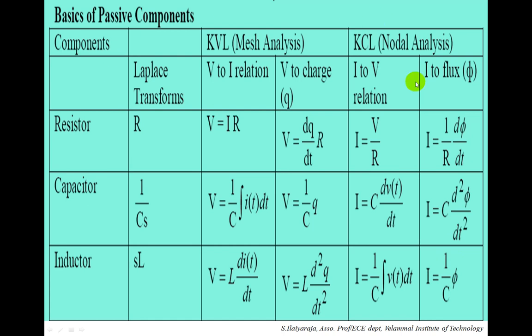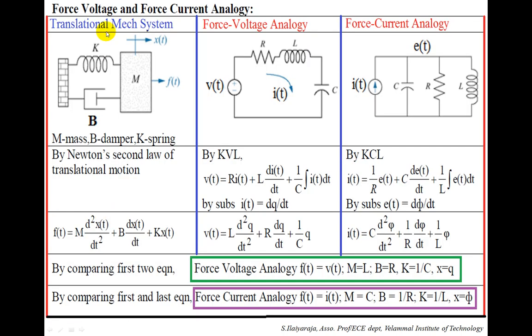So these basics you have to remember so that we can compare the translational and rotational mechanical systems with basic electric circuits. Next we are going to see the force voltage and force current analogy. You have a translational mechanical system. This mechanical system is equivalently converted into a series RLC circuit, or a parallel RLC circuit, which are called the force voltage analogy and force current analogy.